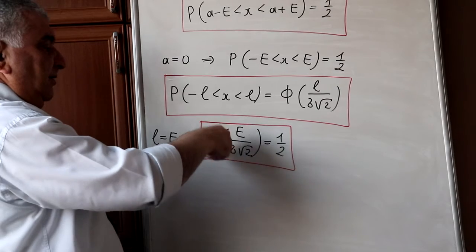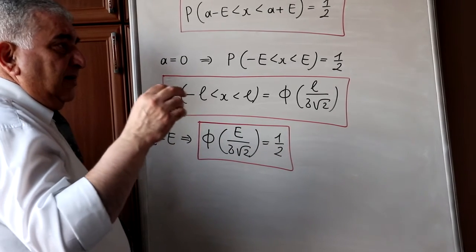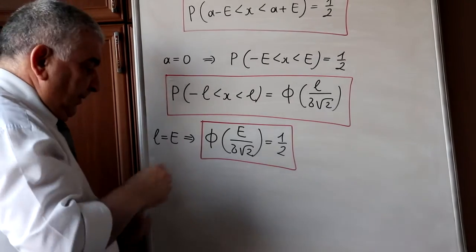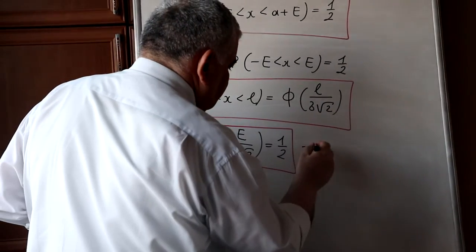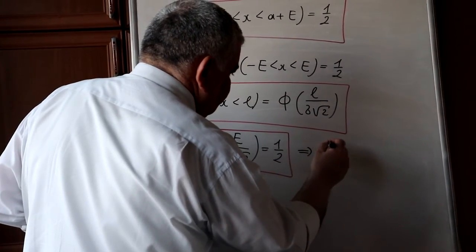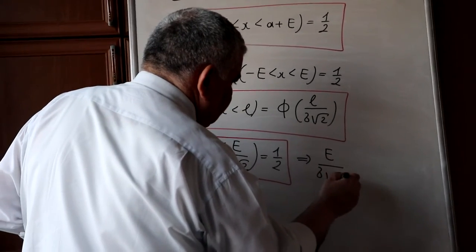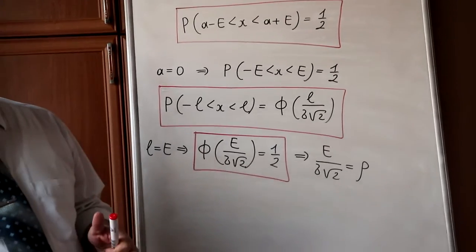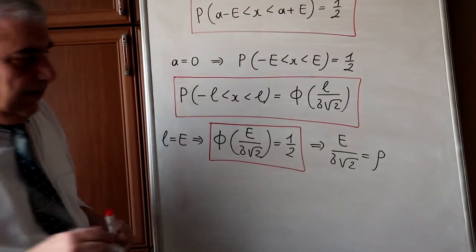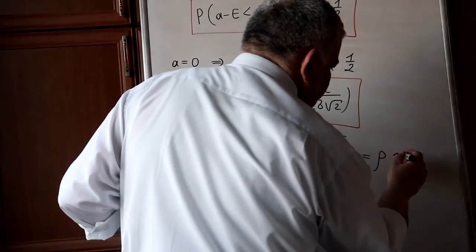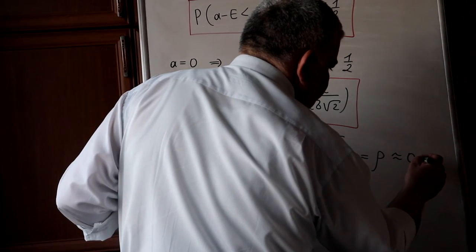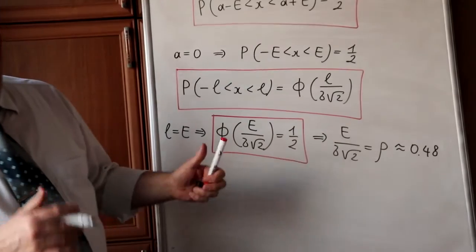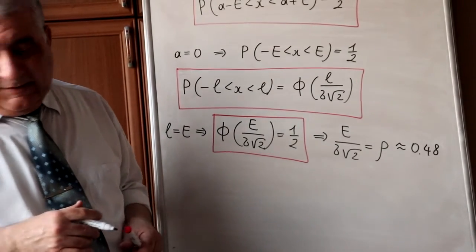This argument is denoted by the Greek letter rho. From here, E capital over sigma square root of 2 is rho. And rho is equal to approximately 0.47 or 48. Approximately. It is a constant value.